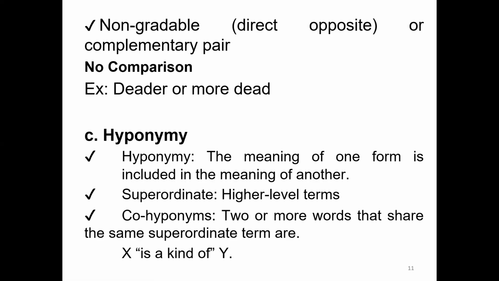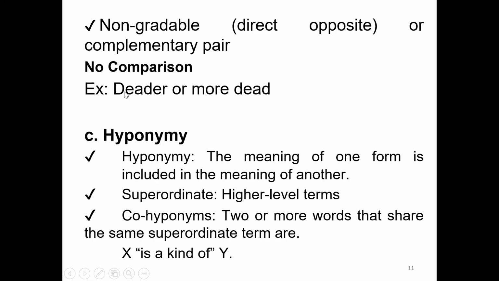So again, when we talk about antonymy or antonym, we probably divide it into two. One is the gradable antonym, and another one is non-gradable antonym. The gradable antonym is used in comparative construction, while non-gradable antonym is the one which cannot be used in comparative construction.